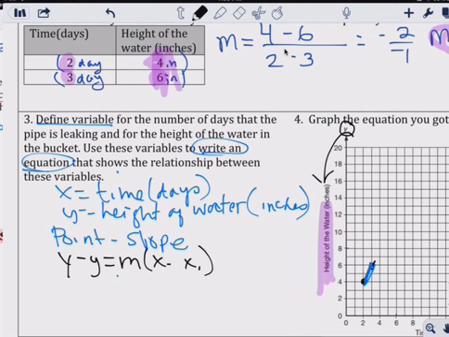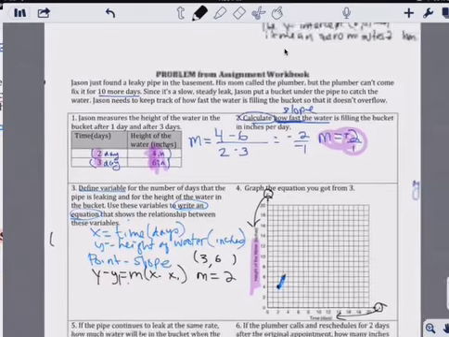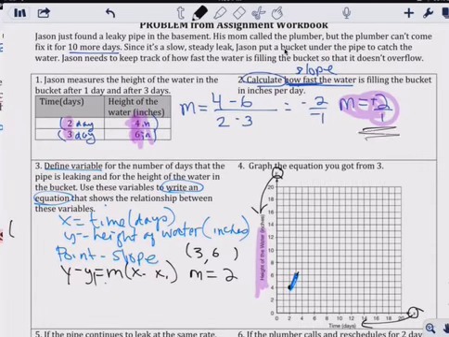Okay, so we have the point we're going to choose, it doesn't matter. I'll choose 3, 6, and the slope we have is 2, which we solved in number 2 right here.